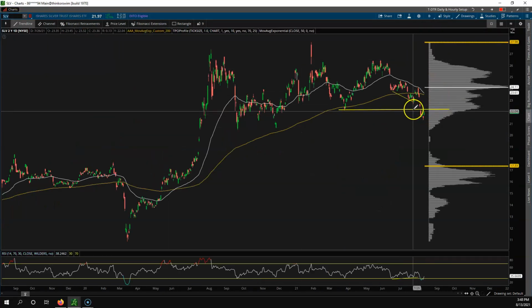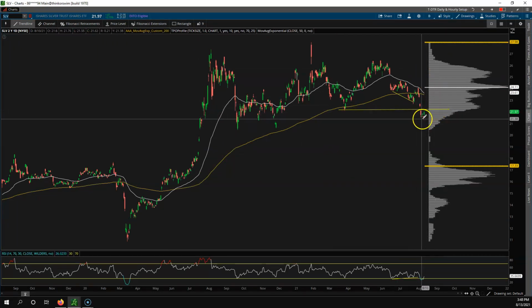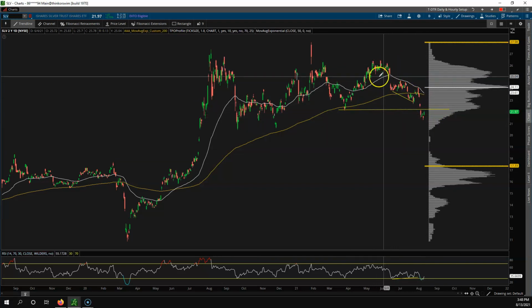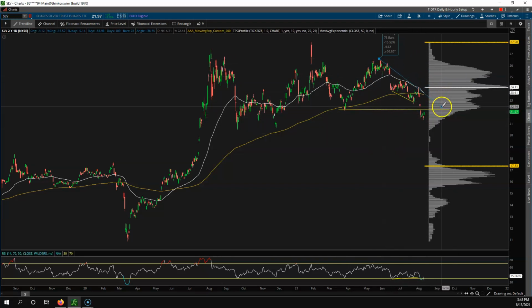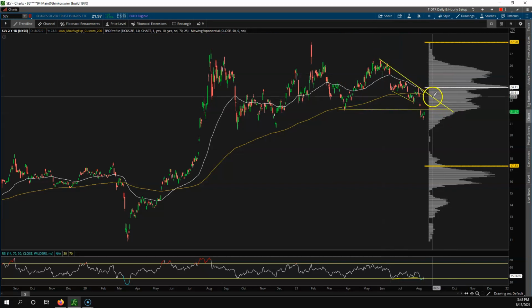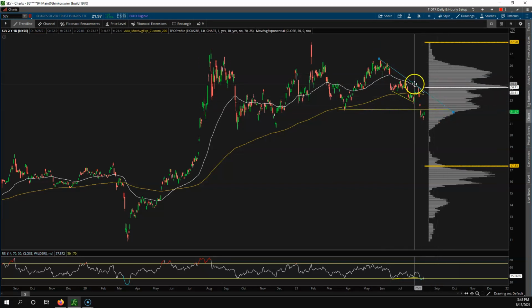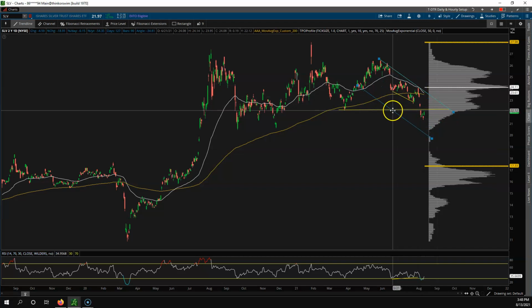Silver. Silver is a problem child because one of the problems is silver is just looking horrible. But let's draw a couple trend lines, grab that, duplicate that. Let's bring this, let's just go to here.